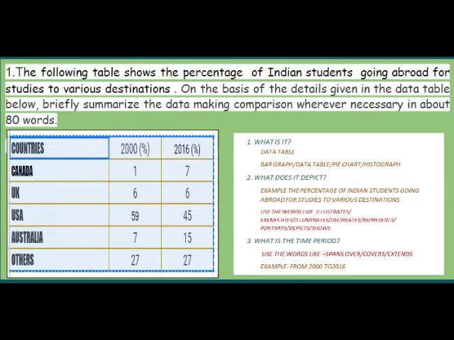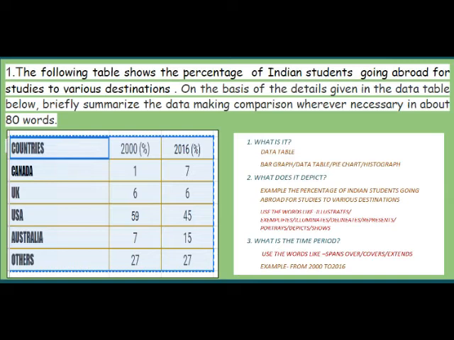The following table shows the percentage of Indian students going abroad for studies to various destinations. On the basis of these details, which is given in the data table, the student has to briefly summarize the data, making comparison wherever necessary.